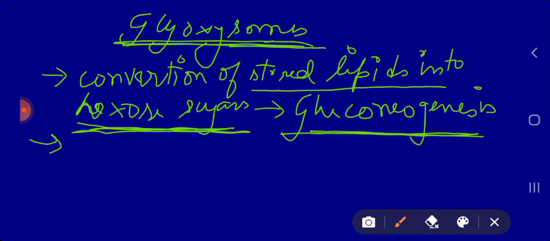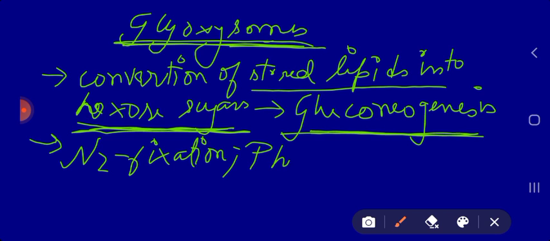The next function of the glyoxysome is in nitrogen fixation and photorespiration. So they are involved in nitrogen fixation and in photorespiration.